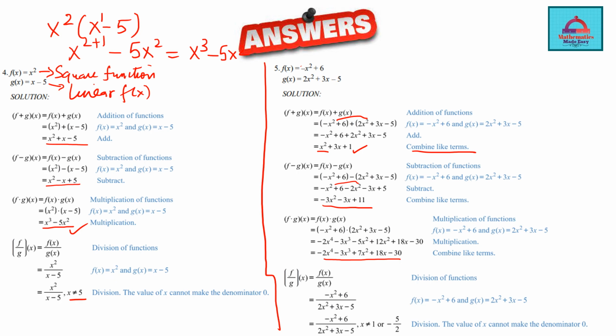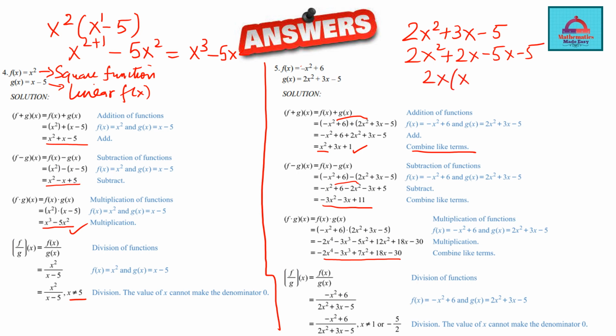When you divide, the denominator cannot be 0. So for 2x square plus 3x minus 5, I'm writing here 2x square plus 3x minus 5. You have to do the factorization. So what are the two numbers that are going to help you here? 2x square plus 2x minus 5x minus 5.